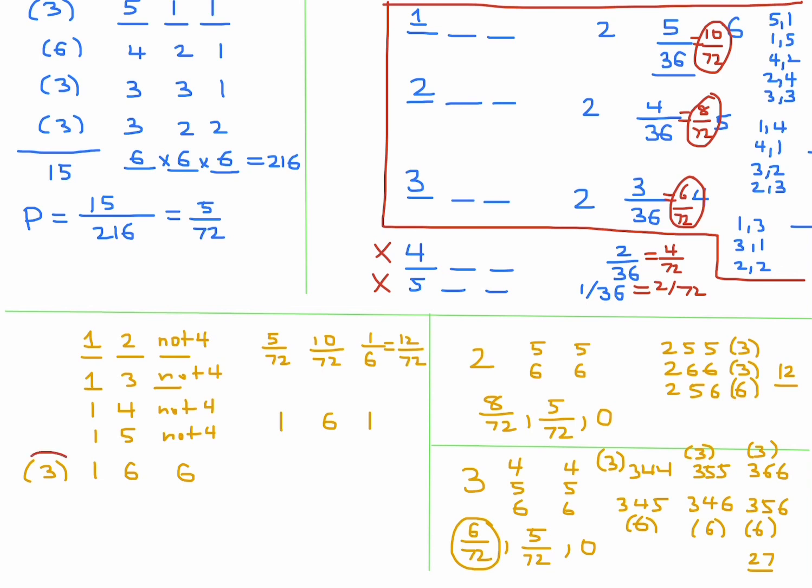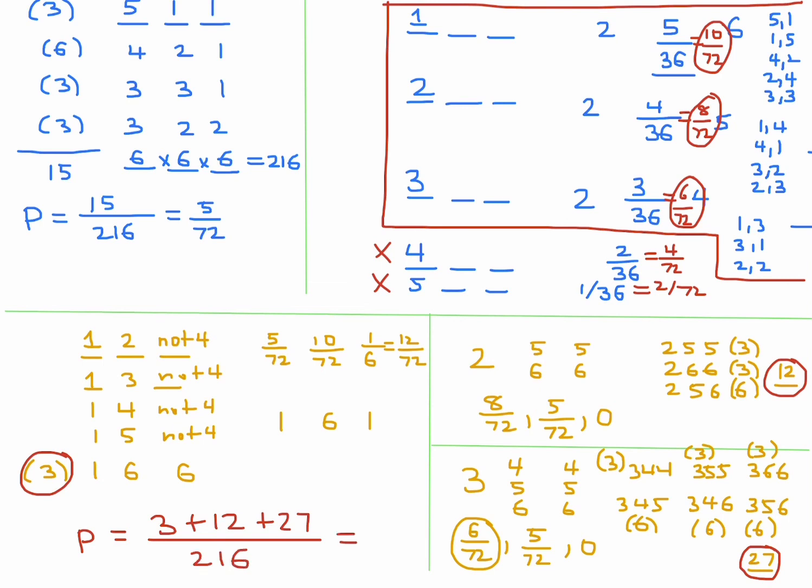We have to add up these values, the 3, the 12, and this 27. So 3 plus 12 plus 27. And remember, it's a probability. The denominator is all the possible choices, and we had previously calculated that as 216.